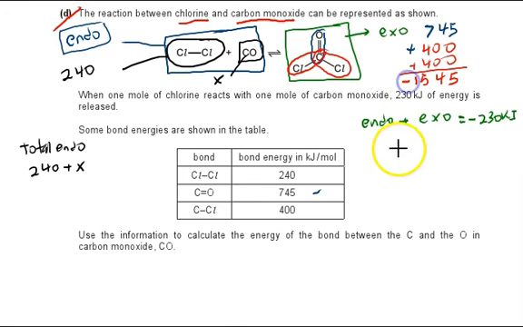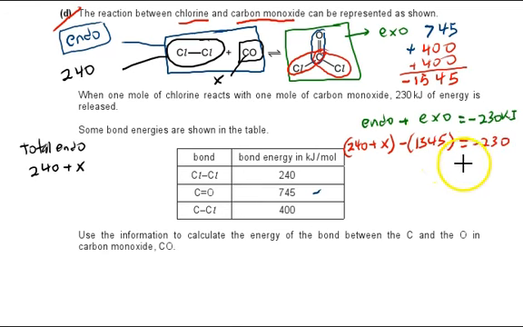So we are going to put a minus here. Endo is 240 plus X, and we minus 1545, which is equivalent to negative 230.